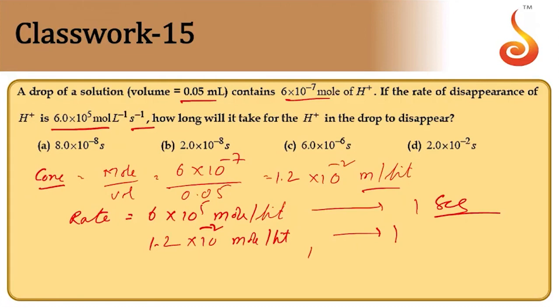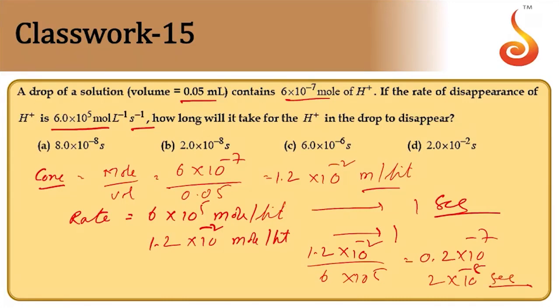Cross multiplying, 1.2 into 10 to the power of minus 2 divided by 6 into 10 to the power of minus 5. Simplifying this, we got 0.2 into 10 to the power of minus 7, or 2 into 10 to the power of minus 8 seconds. So the answer is option B.